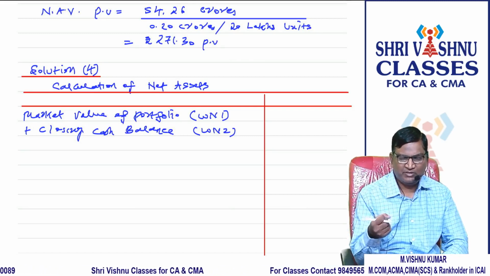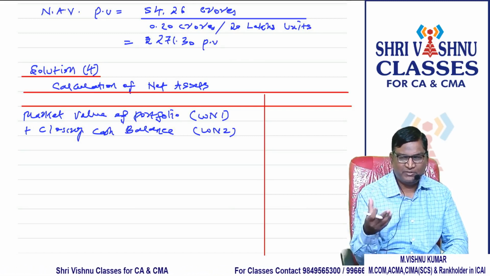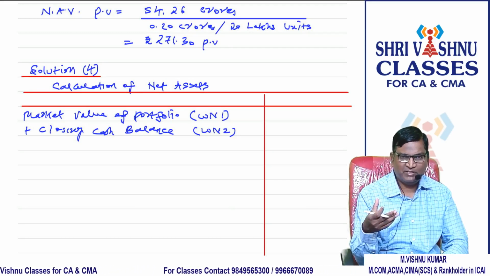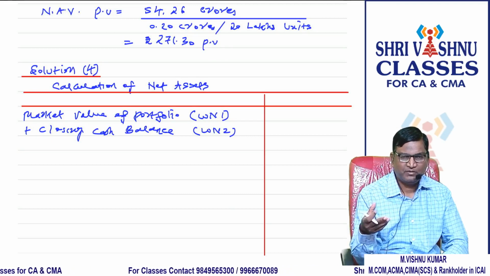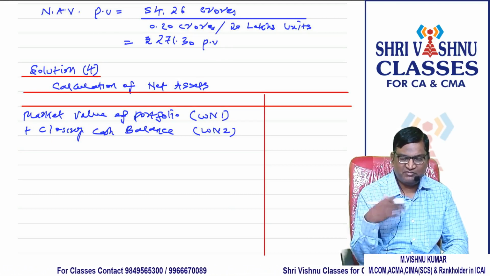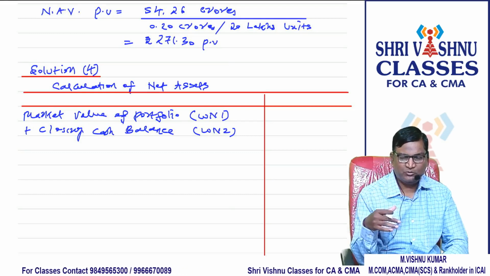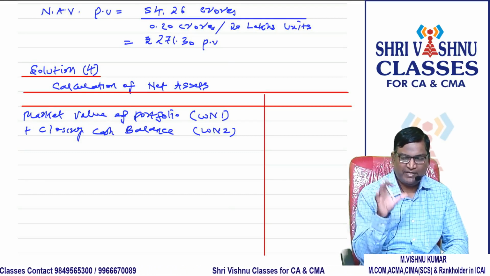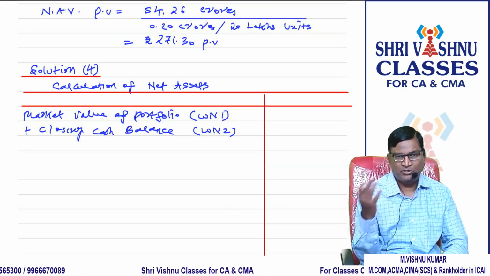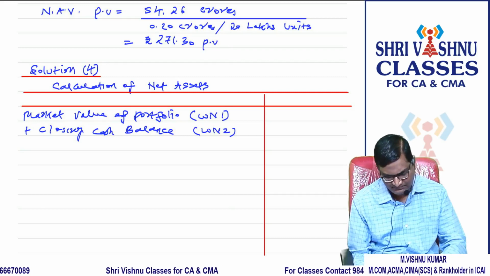Initially 10 lakh units issued at 10 rupees, so 1 crore received. From 1 crore, 98 lakh rupees invested by the asset management company. So 2 lakh rupees cash balance. From investment, they received 12 lakh rupees dividend also, interest also. So if you add this interest and dividend to the 2 lakh rupees cash balance, the closing balance will come. That's it. Right, sir.